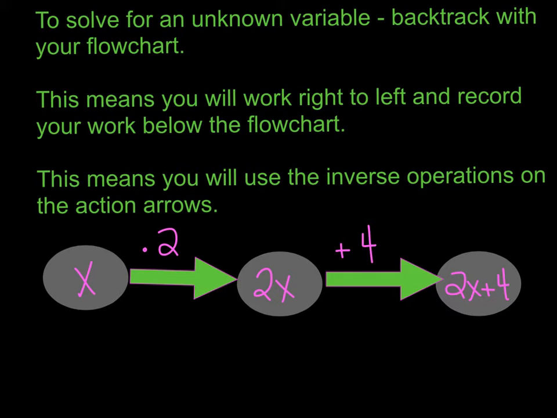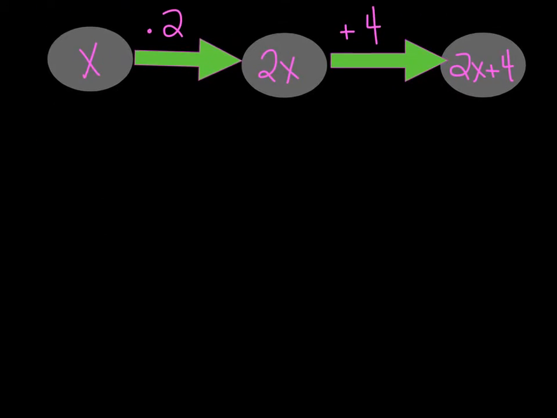And let's say that I want to know the value of x when 2x plus 4 equals, let's say, 18. So that means that my equation now is going to equal 18. So my flowchart now looks as 2x plus 4 is equal to 18.